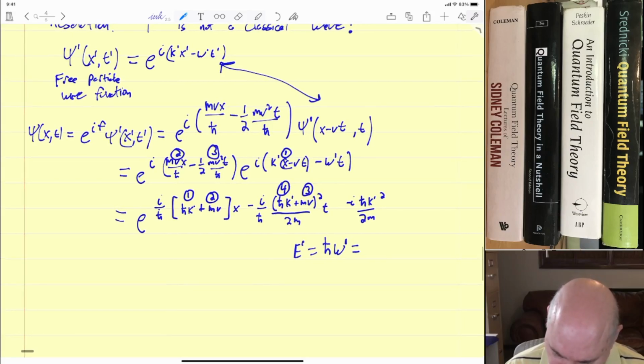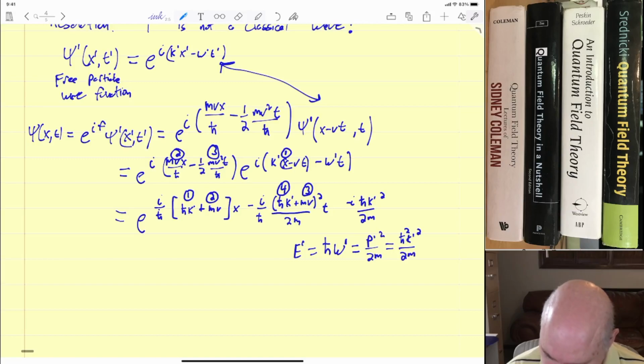And this is equal to p prime squared over 2m, where p prime is h bar k prime, squared, over 2m.